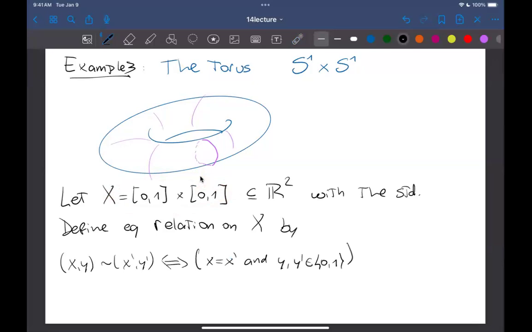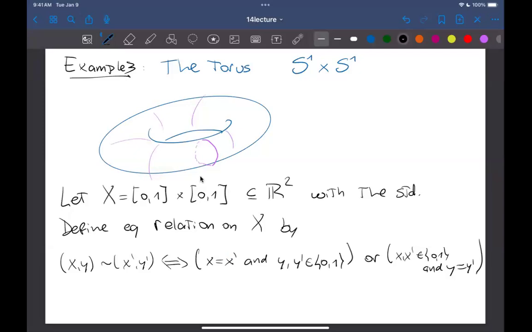That's one case. The other case is x and x' both live in {0, 1}, and y is y'. So it's symmetric in the roles of x and y.